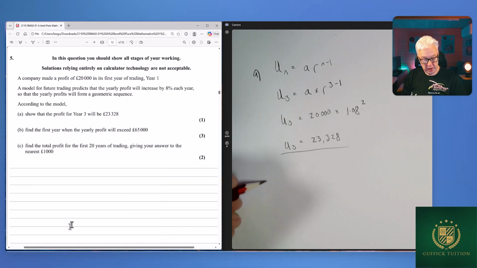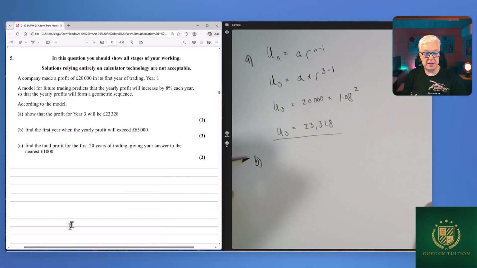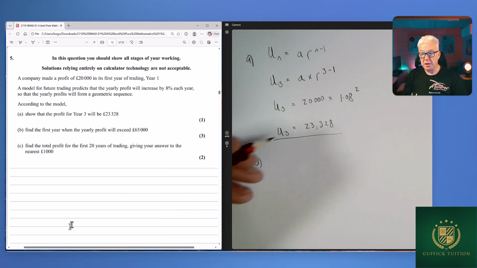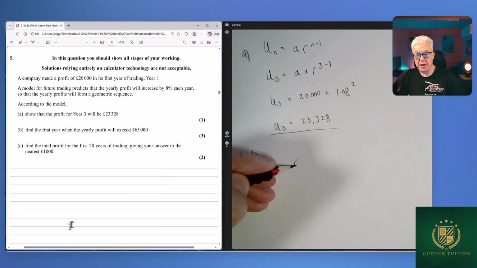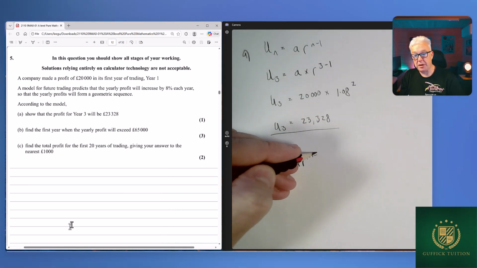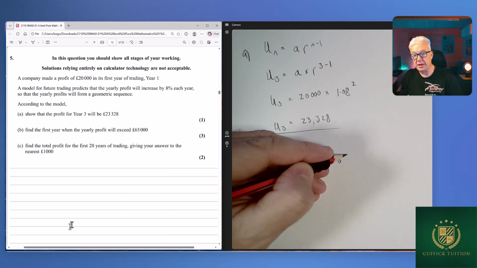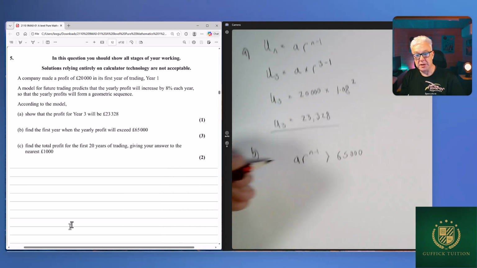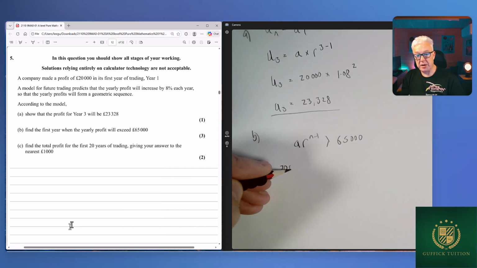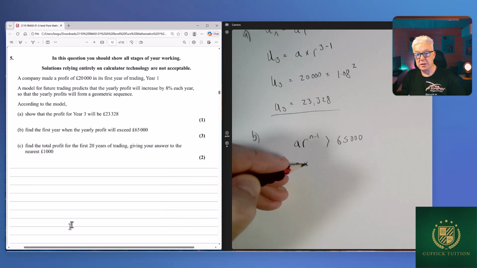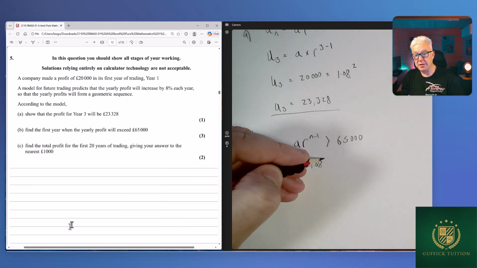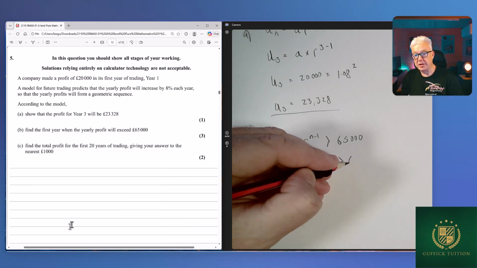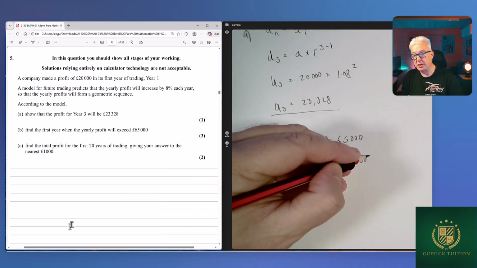Part B, find the year when the profit will first exceed 65,000. So we need to know when our a r to the n minus 1 is going to be greater than 65,000. So we need to know that 20,000 times 1.08 to the n minus 1 is greater than 65,000, like so.